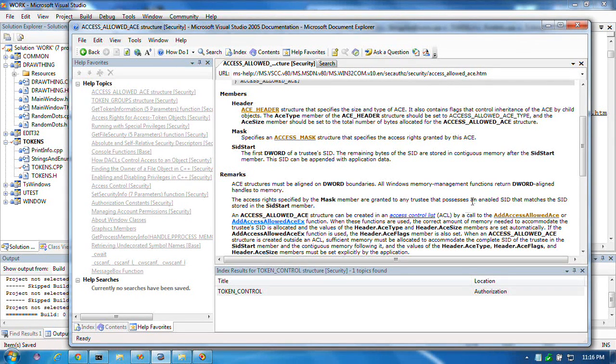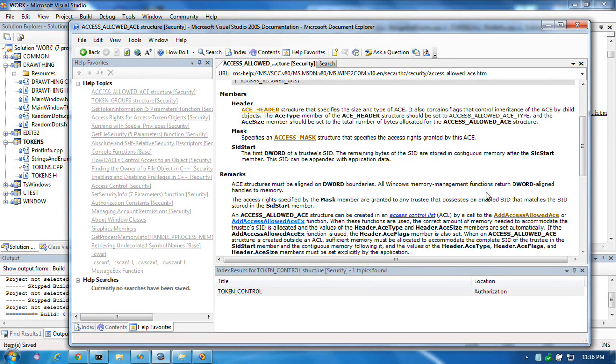Or enabled, right? I would think a trustee, a lowly user, has a security identifier, but that's not true, as you just saw. In the access token, there were 13 security identifier objects, right?